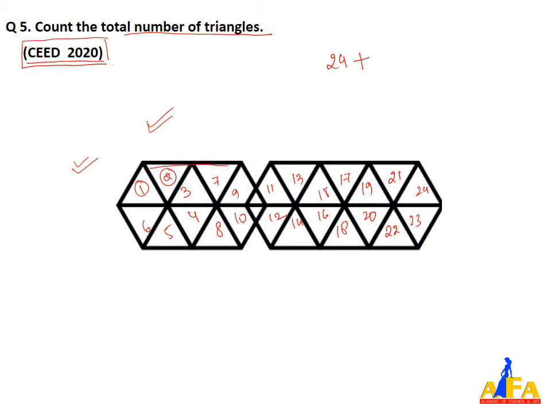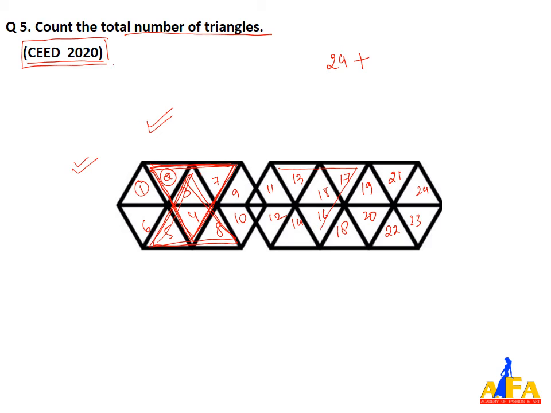Here you can see that the formation of a triangle from the 4 smaller triangles is also possible. So this is one. Similarly, this is also forming a triangle. So 1, 2.